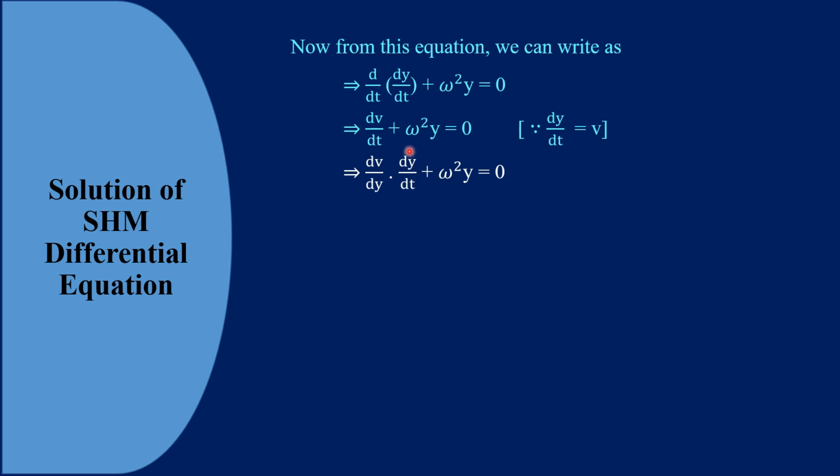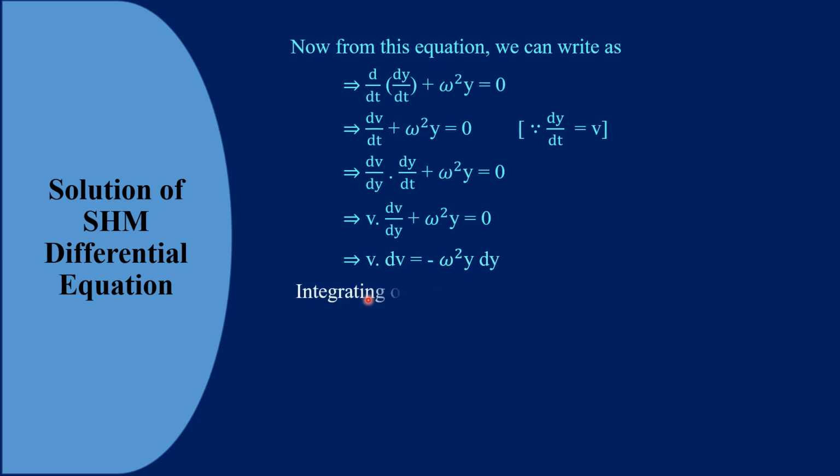So we know that here dy by dt is velocity. So this equation will become v into dv by dy plus omega square y is equal to 0. So that implies v into dv plus omega square y dy is equal to 0, or v dv is equal to minus omega square y dy.